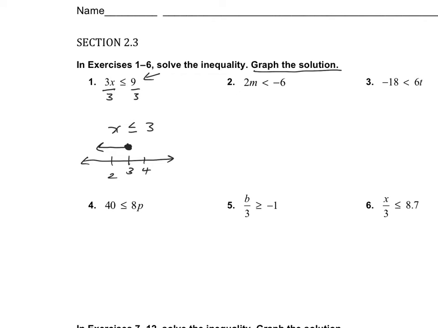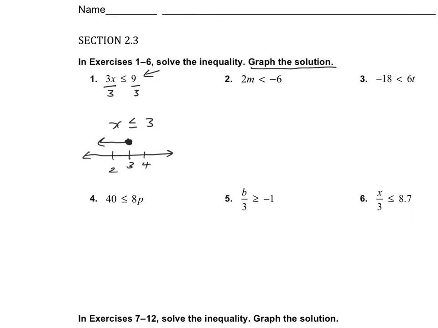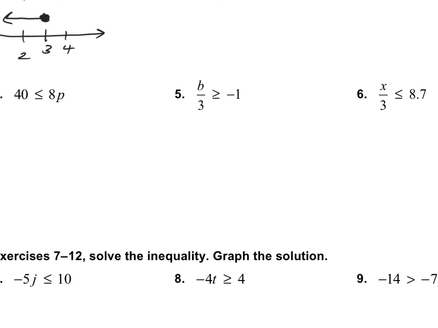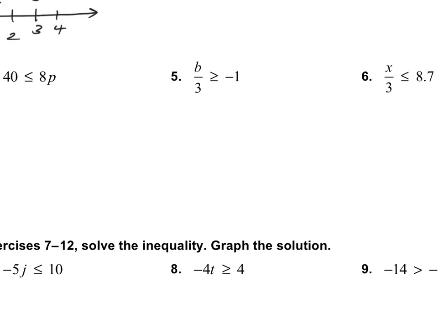The rest of them are very similar, and I'm going to ask you to finish these. So number 5, let's go ahead and take a look at it. B over 3 is greater than or equal to -1. In this case, just like I've told you before, you need to multiply both sides by the denominator, the least common denominator, which in this case is just 3.